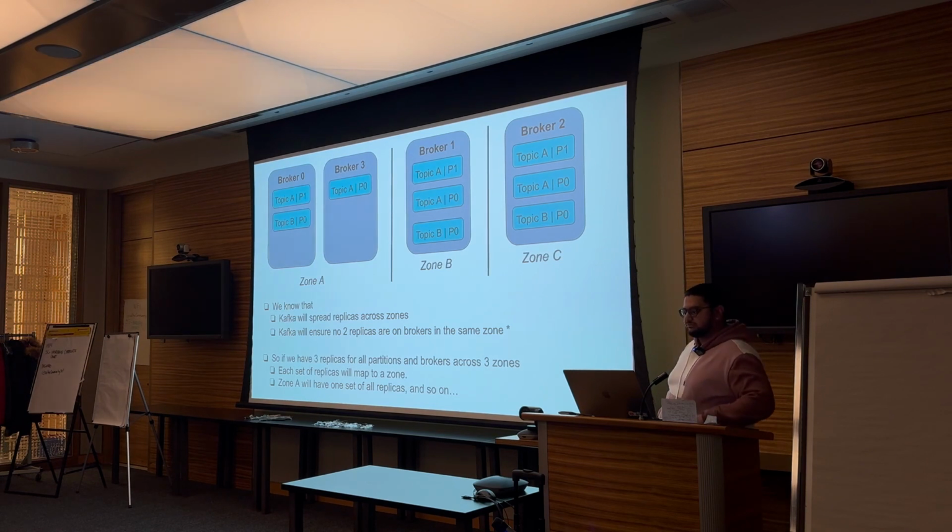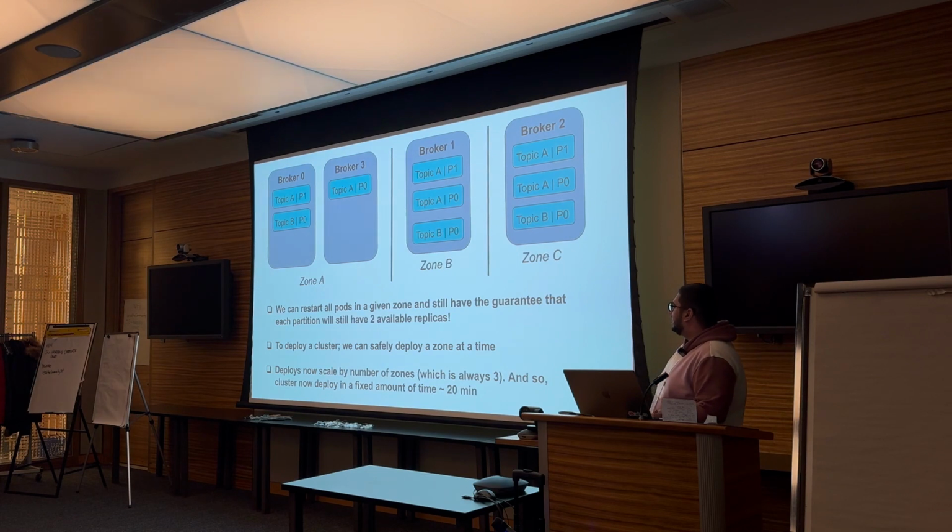And that's interesting, because now, instead of restarting one pod at a time where we were afraid or coming up with these algorithms and figuring out how do we maximize our deploys in a safe manner, we can just restart all pods in a given zone and know for a fact that the other 2 copies of each replica, and a replica again is just a partition, are still available.